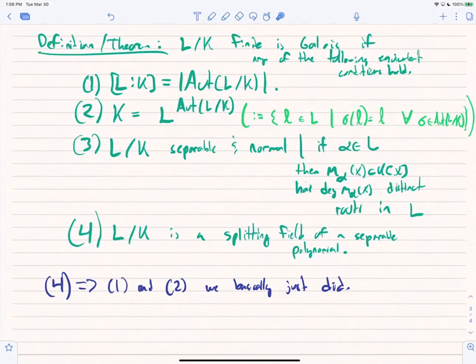I don't know if you can get that too easily out of it or not, actually. So 4 implies 1 we basically just did.